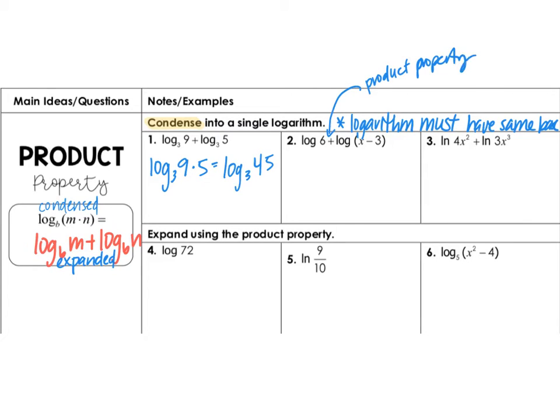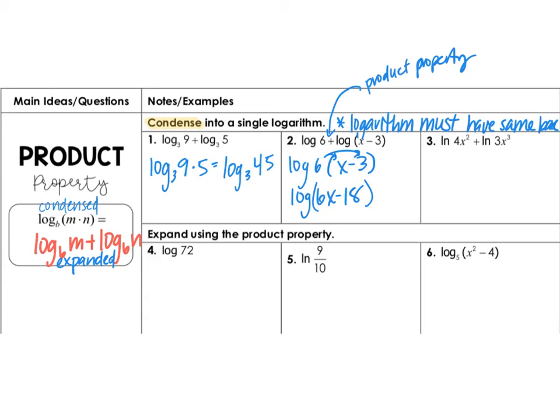So we can just write this as log of 6 times x minus 3, and we have to make sure we distribute that 6, so this becomes log of 6x minus 18. And it'd probably be a good idea to put that in parentheses.